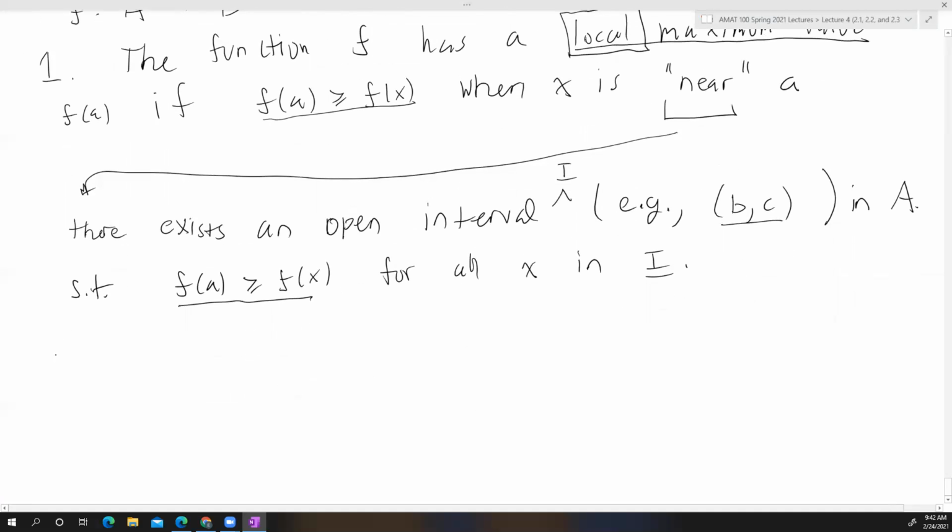And so now let's look at definition 2. This is a local minimum value, and it's going to be basically the same thing.